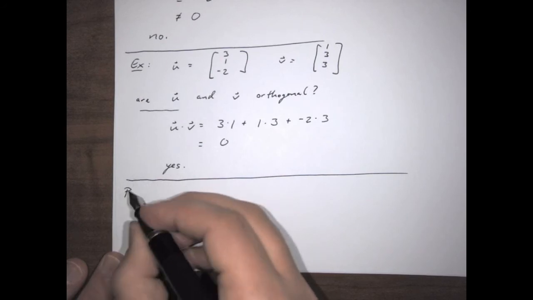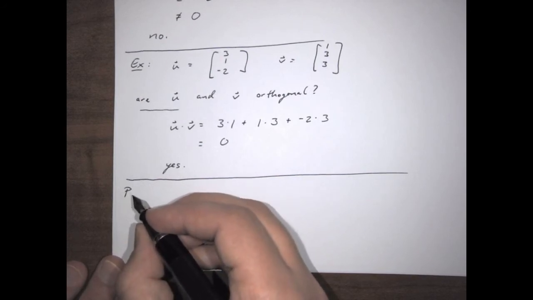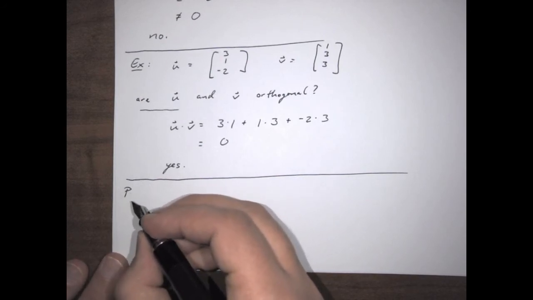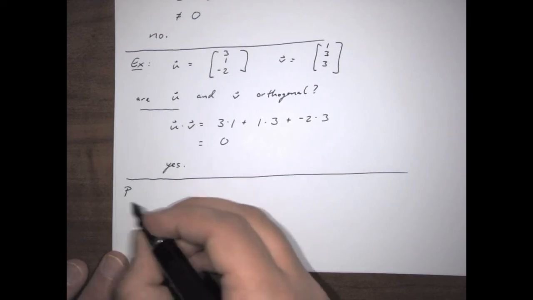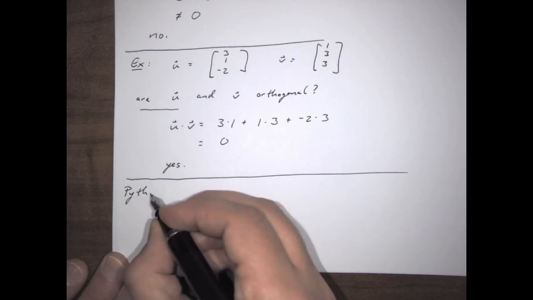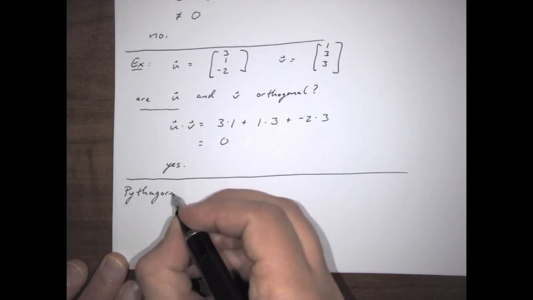Now, let's take a look at what the vector version of the most celebrated geometrical fact ever discovered by humanity would look like. So, let's take the old classic Pythagorean theorem.